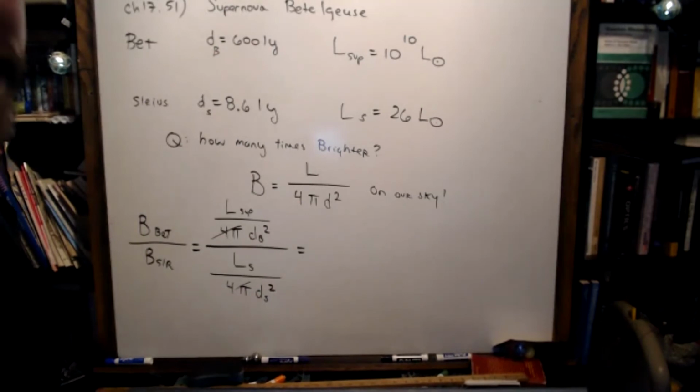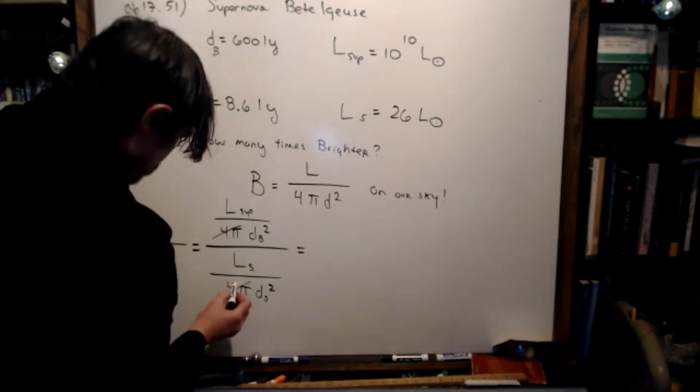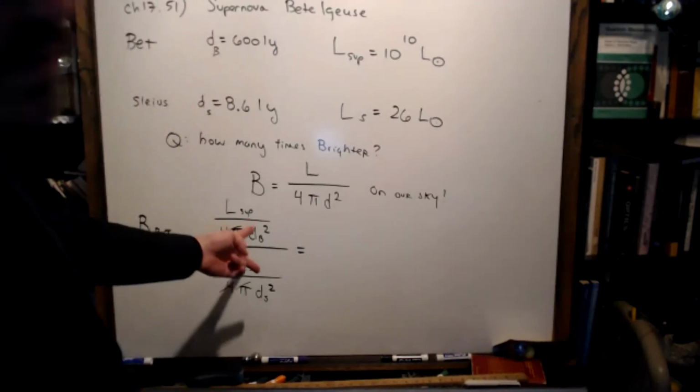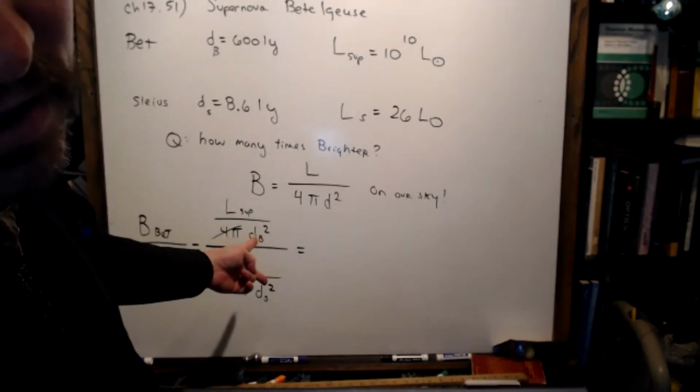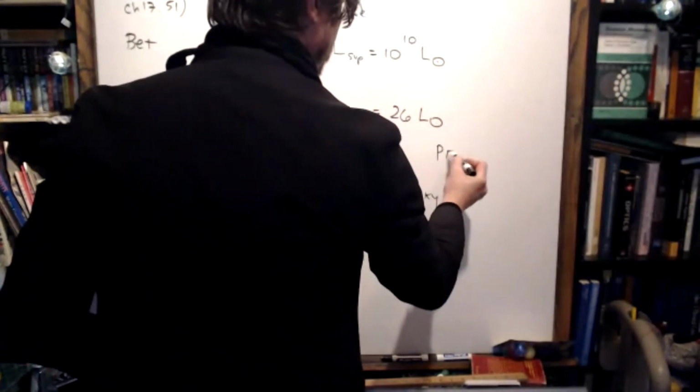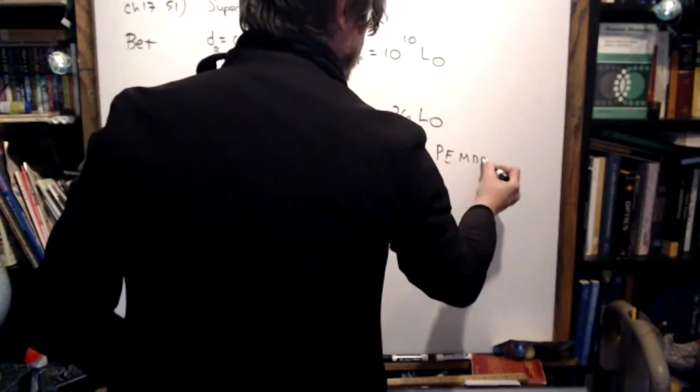Arunsak, you're usually our algebra whiz. How do you do this then? Looks like 4 can go, pi can go, and then the squared can go on the d's. No, you can't cancel out squares. Have you ever heard of PEMDAS before? Couldn't you square root the whole thing to get rid of those?